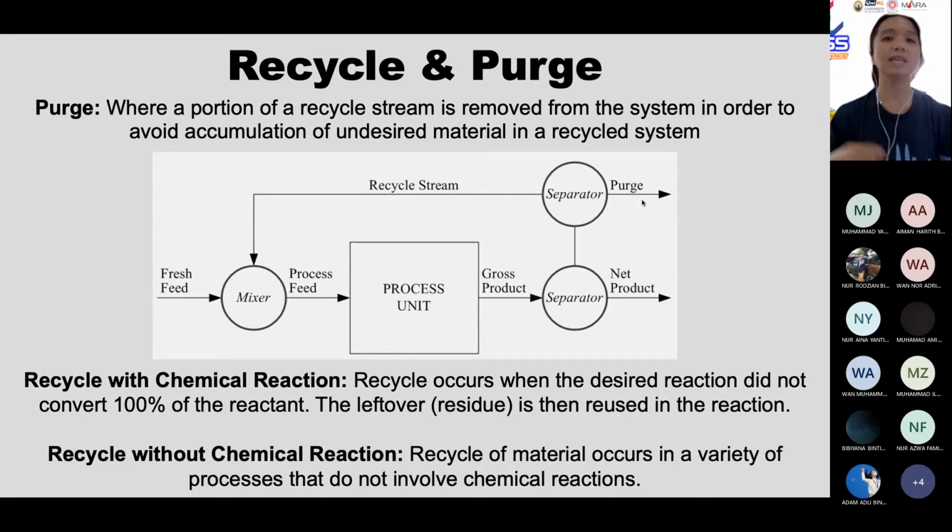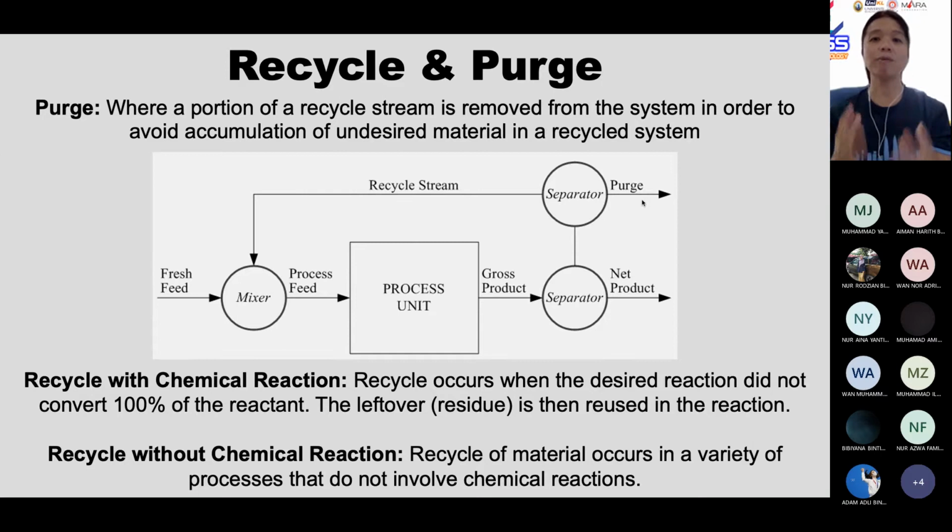When it is inert, it is not involved in the reaction. So it means it will always be in the system. Imagine when we come out of the reactor, we have product, unconverted reactant, and inert. Most of the time, you will separate your product. You will take the product out because you want to purify and separate it. So you will be left with a stream of unconverted raw material and your inert.